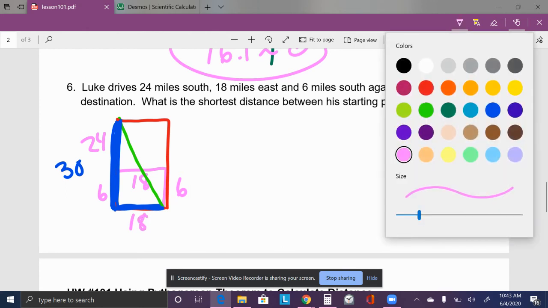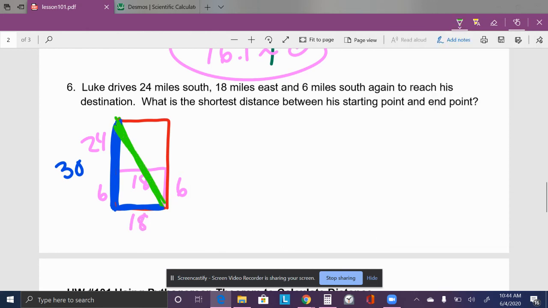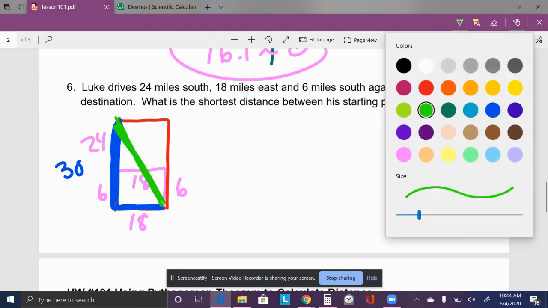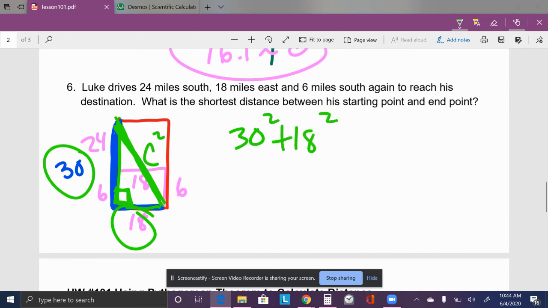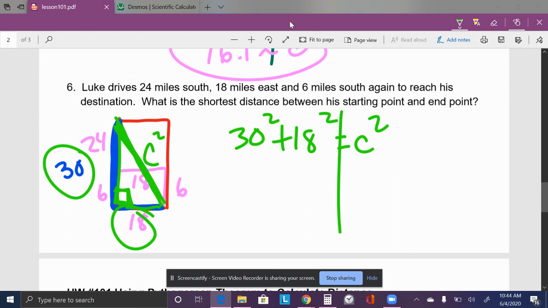And this is going to be the hypotenuse of this right triangle here. So I'm trying to find the hypotenuse, and my legs are 30 and 18. 30 squared plus 18 squared is c squared.